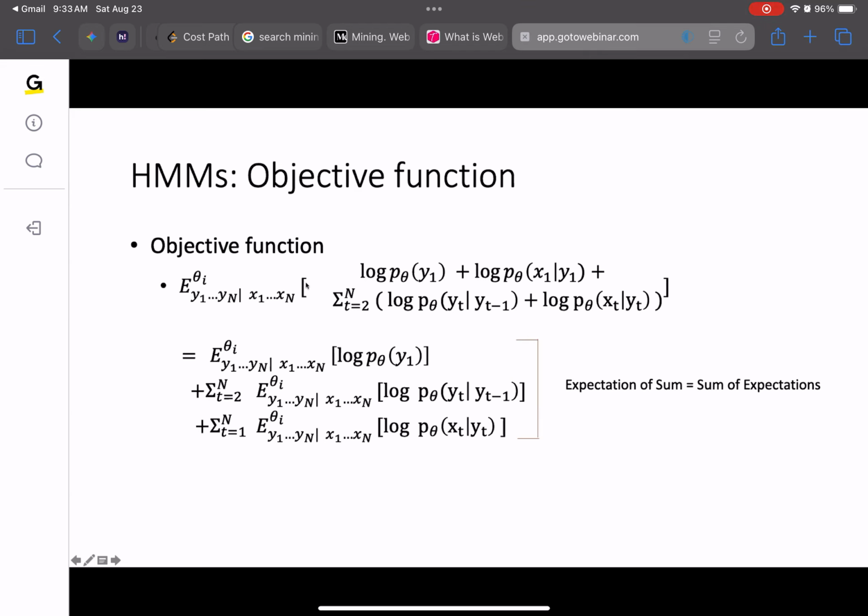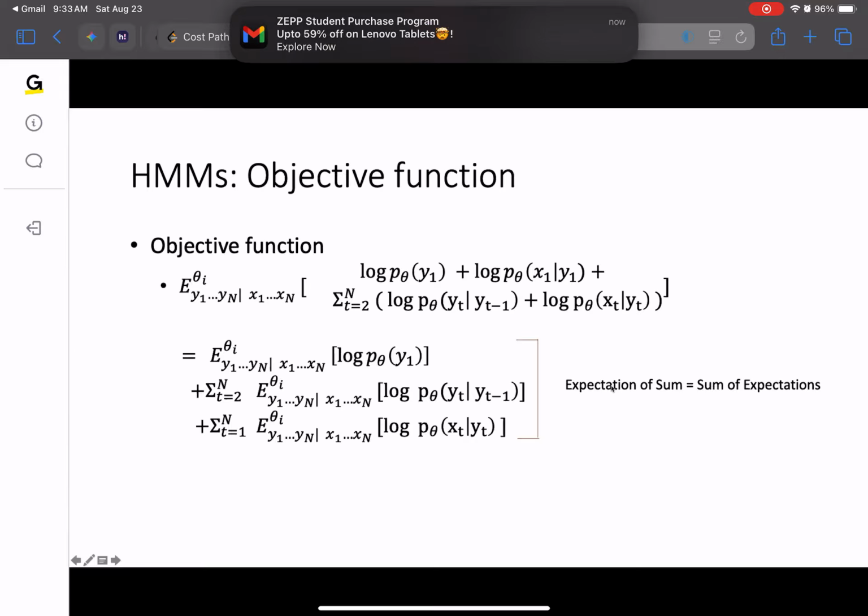By rewriting the expressions of the joint distribution in terms of initial probabilities, transition probabilities and emission probabilities, and by applying the log, we arrive at this equation. We also know that expectation is a linear operator. Expectation of a sum is equal to the sum of expectations.